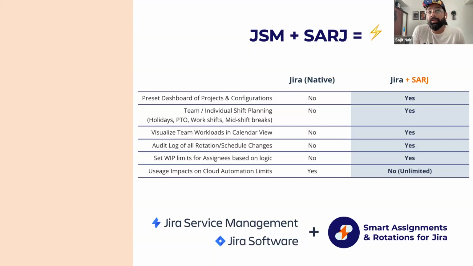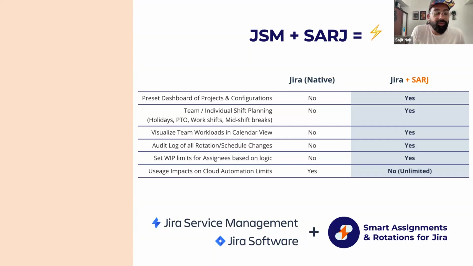And one of the most mentioned reasons for people using Sarge is that it does not impact their cloud automation limit, because the app runs separately from the native automation logic. It does not take into account the automation limits that Jira puts on you. And as I said earlier, while it is brilliant for support teams and Jira Service Management, we have customers who use it for Jira Software.